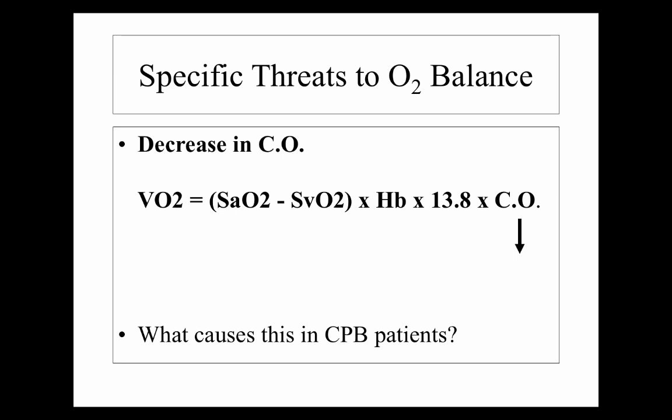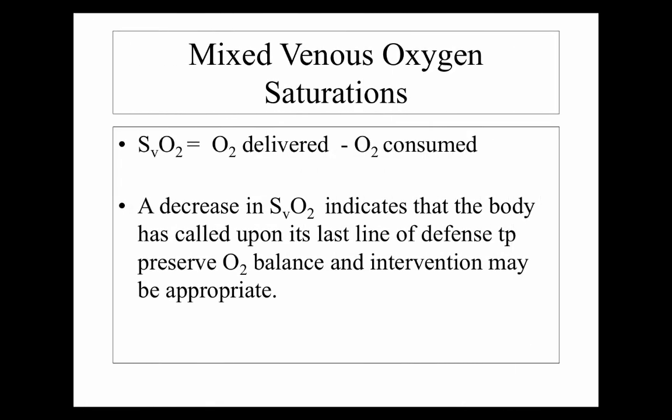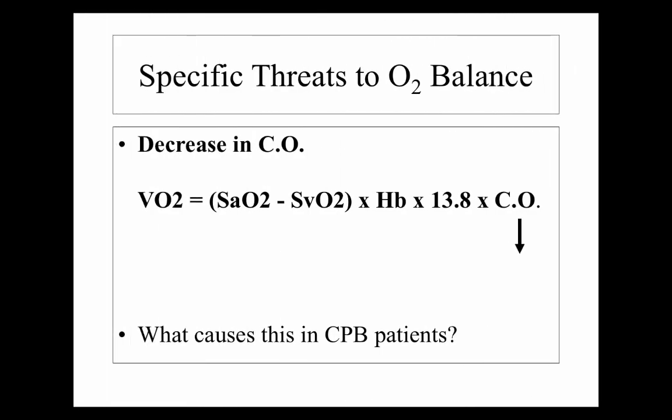A decrease in cardiac output. What would a decrease in cardiac output on bypass be? And why? What would cause this in a bypass patient? So I want you to think about each one of these.